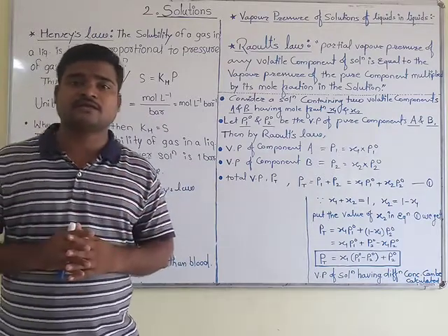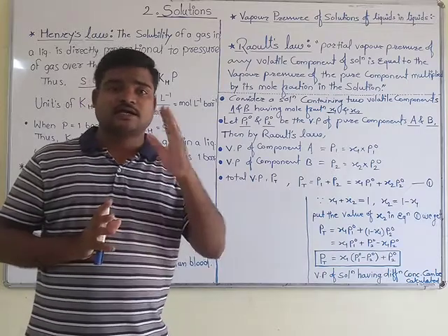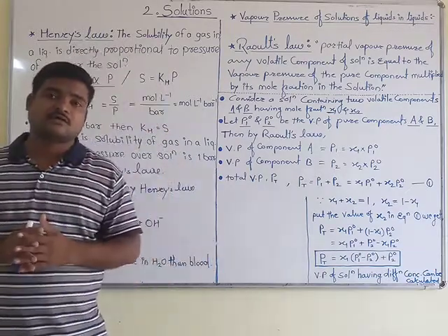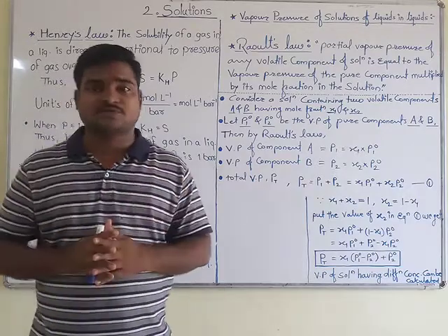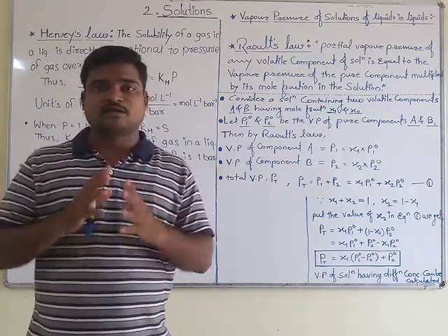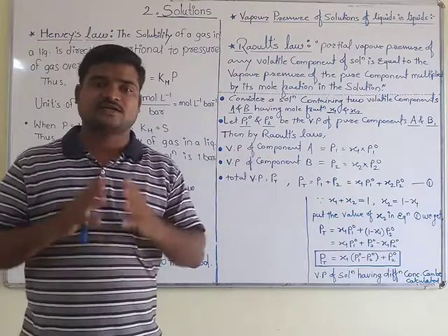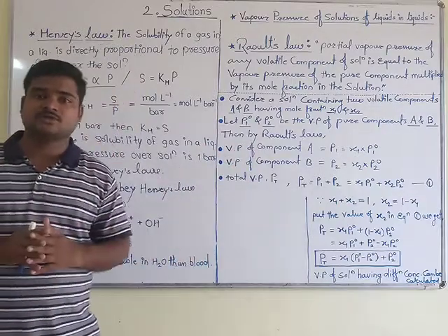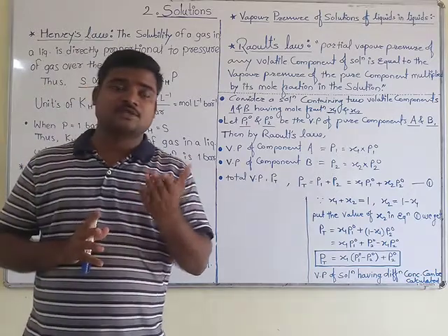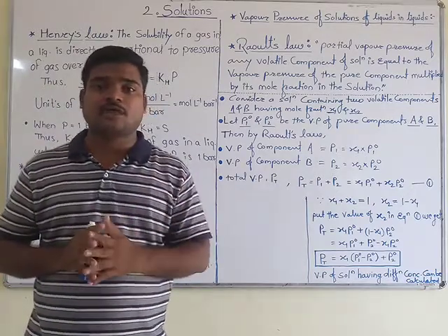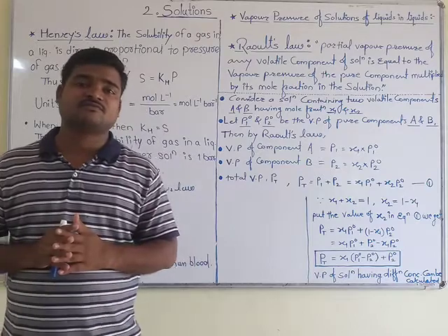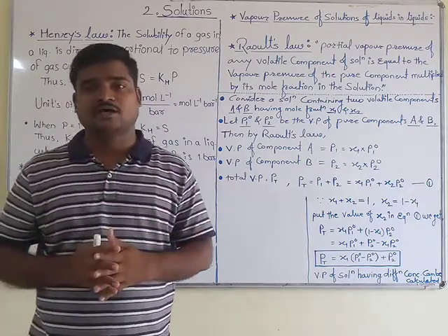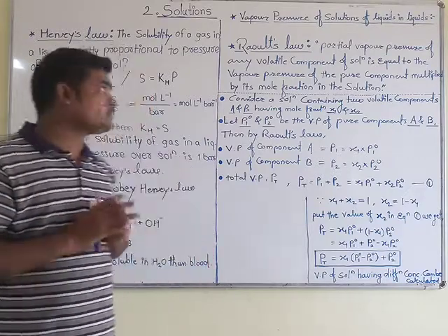Due to that, the gas gets mixed into the liquid with the application of pressure. That concept was explained by the scientist Henry, and solubility is always directly proportional to the applied pressure. Means how much pressure you apply on the surface of the liquid, that much solubility will be there.